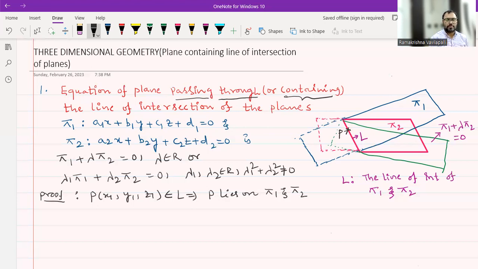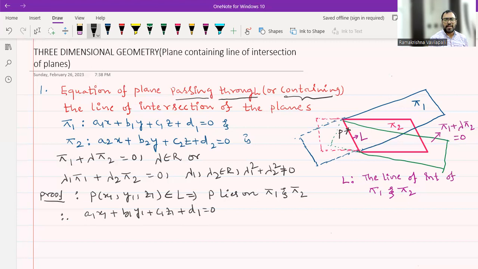Therefore P lies on pi1. So substitute the point P in pi1. We will get a1x1 plus b1y1 plus c1z1 plus d1 equal to 0.